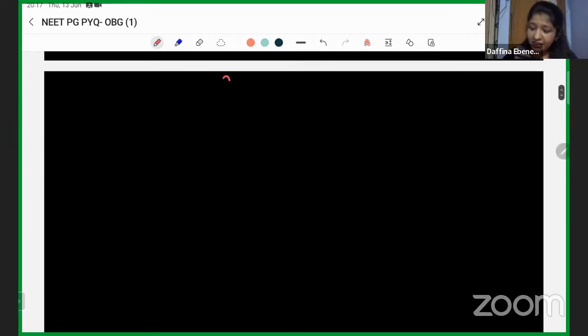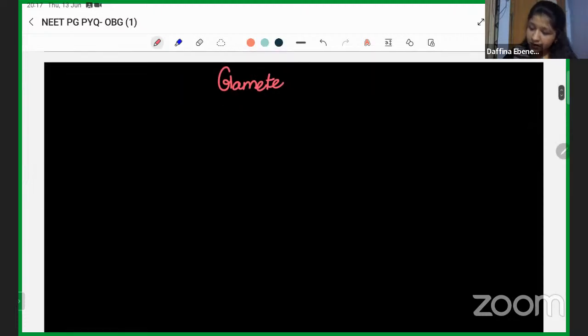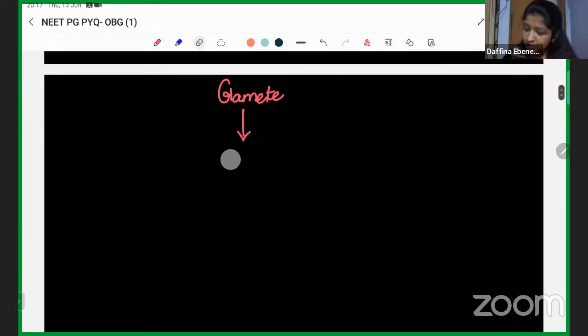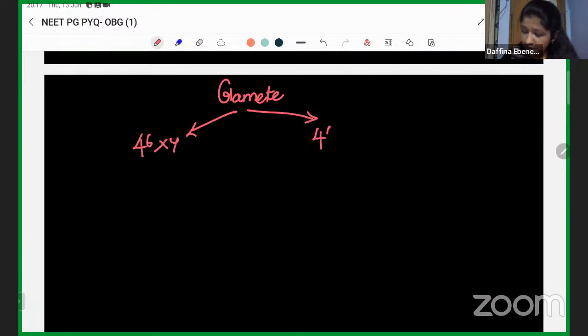So any undifferentiated gamete, okay, it's either going to be 46XY or 46XX.